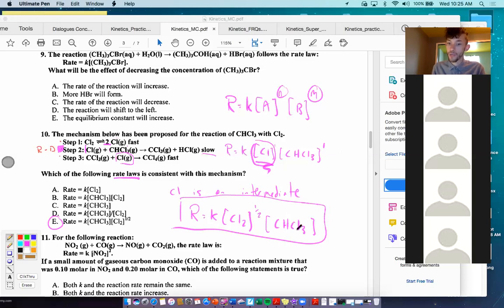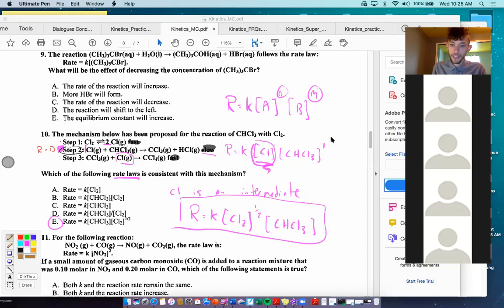They say, hey, here's the rate law for the reaction, and then they do not tell us which steps are slow or fast. Then you would have to recognize that this corresponds to the stoichiometry of this, and so you could recognize that step 2 must be the rate determining step because it's determining the rate.